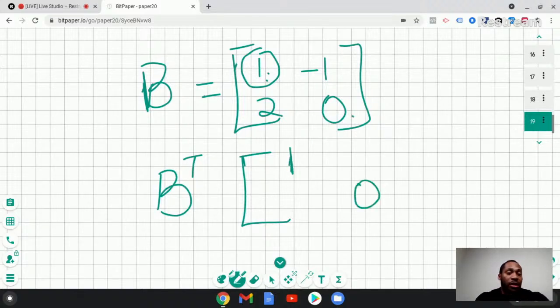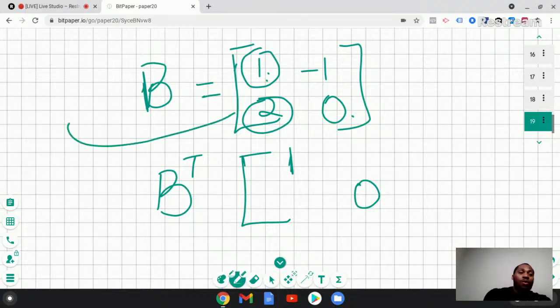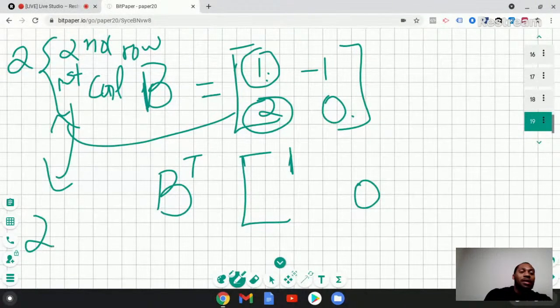1, 0 is going to stay the same because it's first row, first column, second row, second column. Now you see how 2 was in the second row, first column. So what's going to happen when we swap them? 2 is not going to be in the second row.